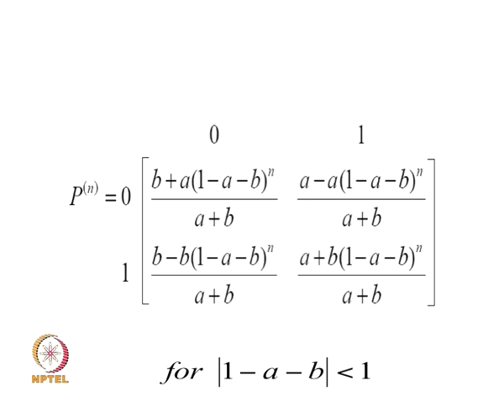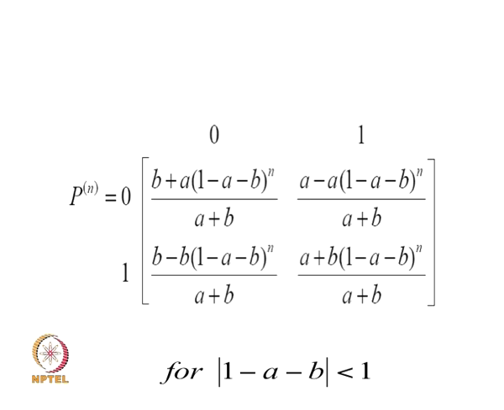Here it needs some determinant also; unless the absolute value of 1 minus a minus b is less than 1, this result is not valid. So, provided this condition, P of n, that is the matrix, is the same as P power n.